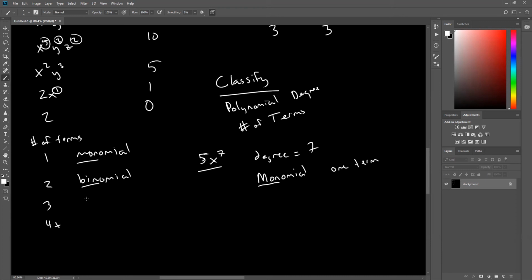This doesn't matter too much, but this would be our trinomial, right? And then anything with 4 or more, we'll just call a polynomial. The thing is, polynomial can refer to all of these as well. A monomial is a polynomial, a binomial is a polynomial, a trinomial is a polynomial. But only in some cases the other way around.